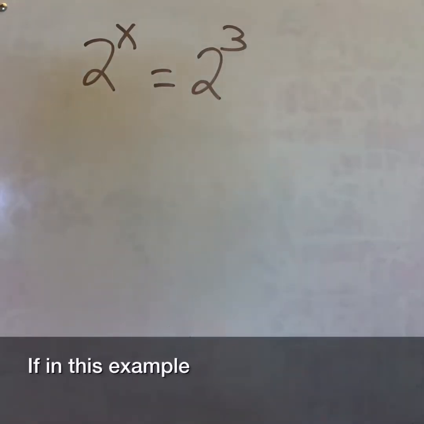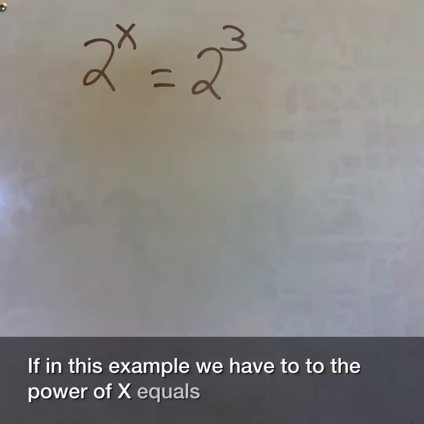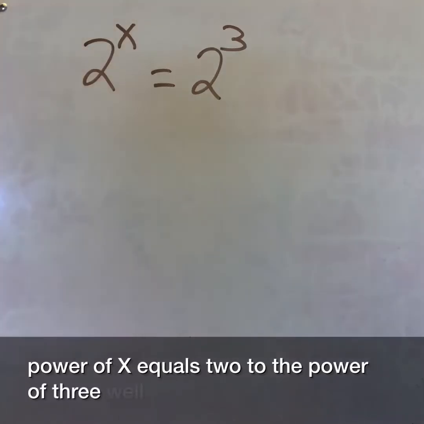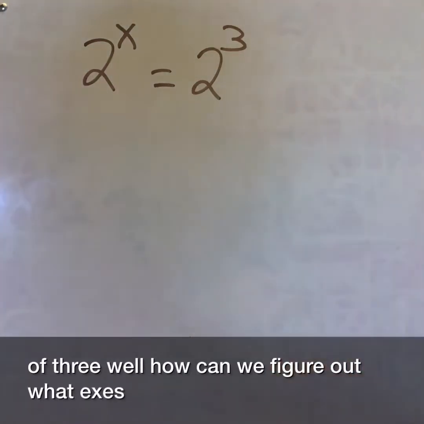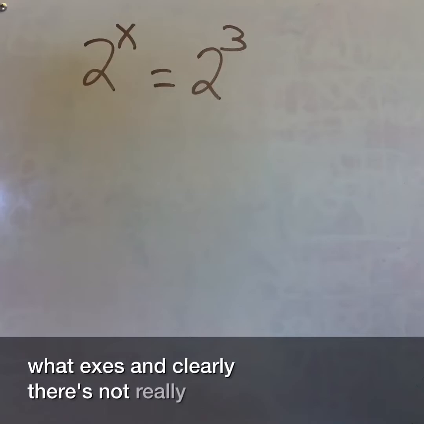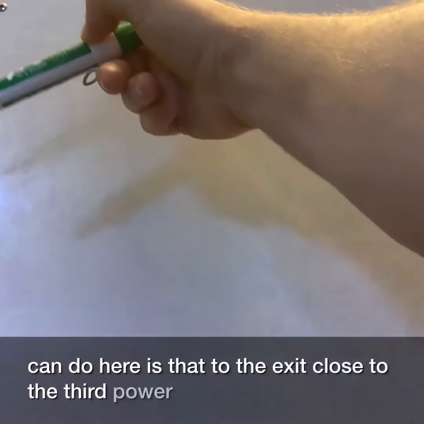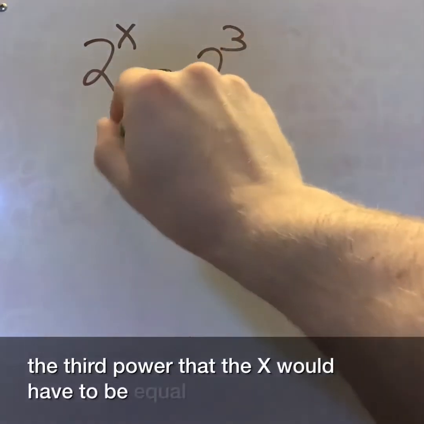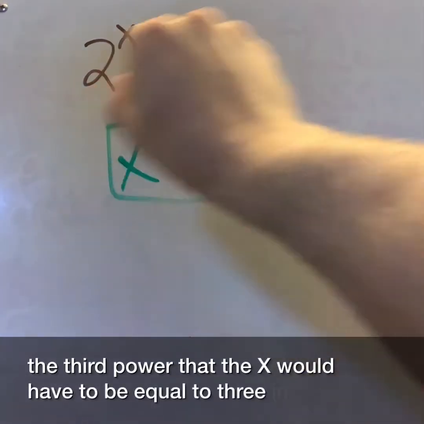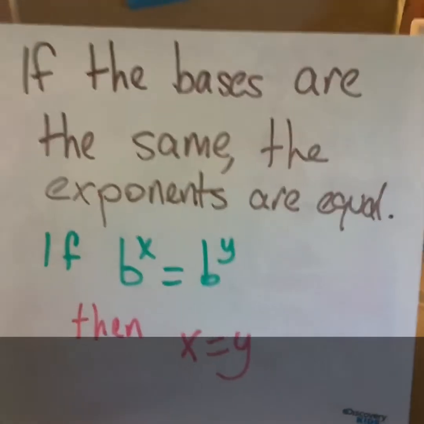If in this example we have 2 to the power of x equals 2 to the power of 3, how can we figure out what x is? Clearly, there's not really any work that we can do here. 2 to the x equals 2 to the third power, so x would have to be equal to 3 in this particular example.